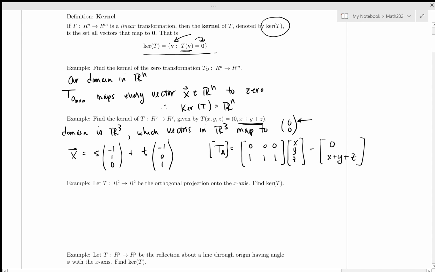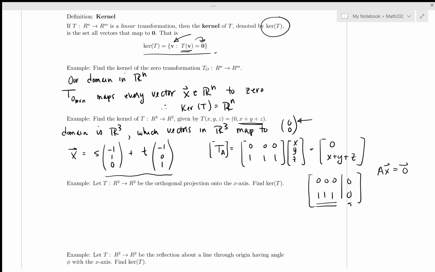And I want to know which vectors x, y, z will map to 0. So this is a statement of when does Ax equal 0. We know how to do this: figure out which vectors map to 0.